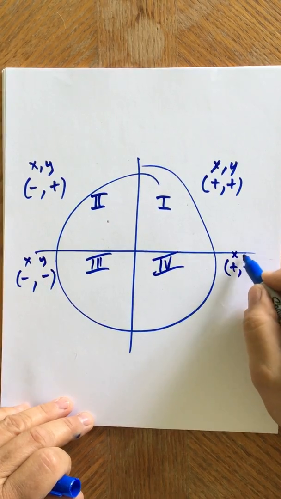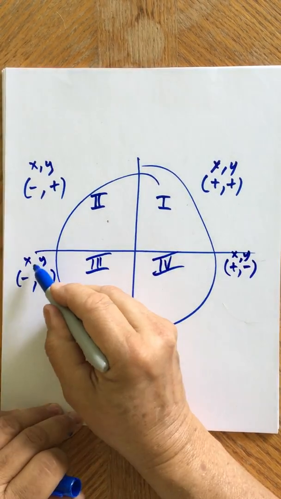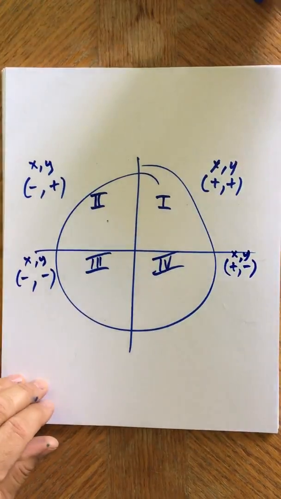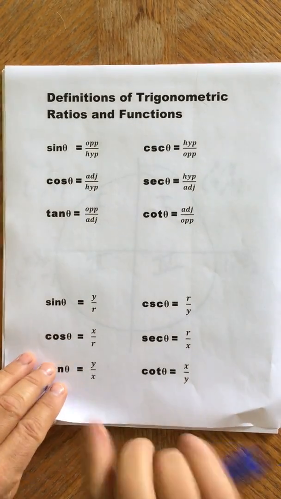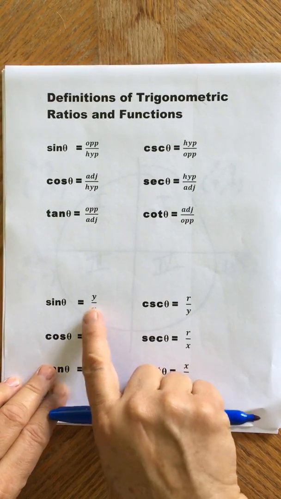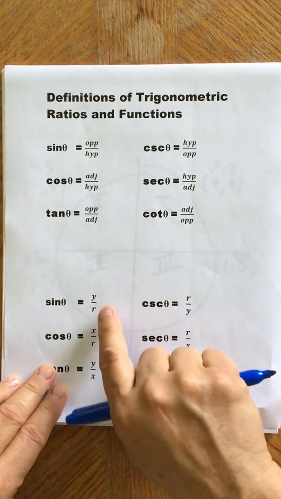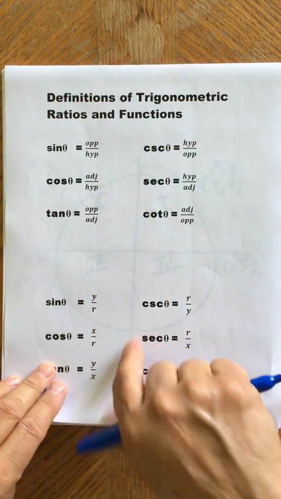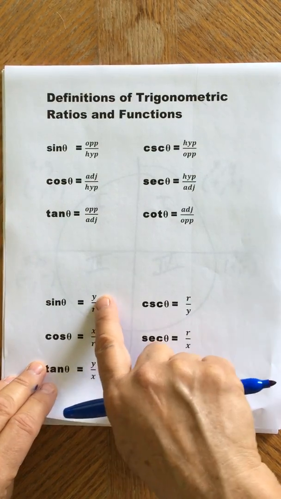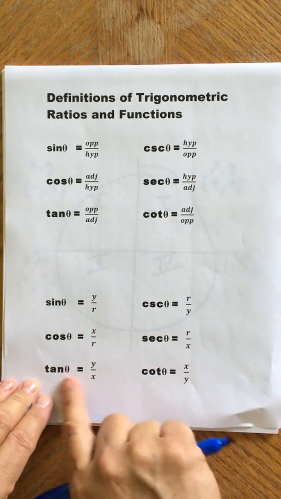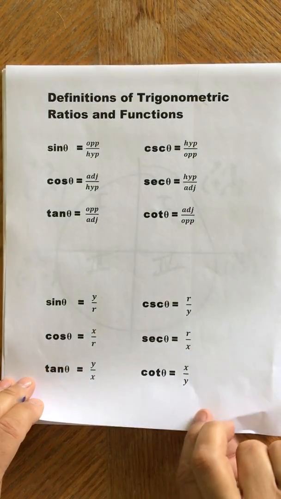Put that again here. Now, if you go back to your definitions, sine is y over r, and r is always positive, so what gives sine its sign is the y. So sine is really the y-coordinate, cosine is the x-coordinate, tangent is y over x, and then you can deal with the reciprocals.